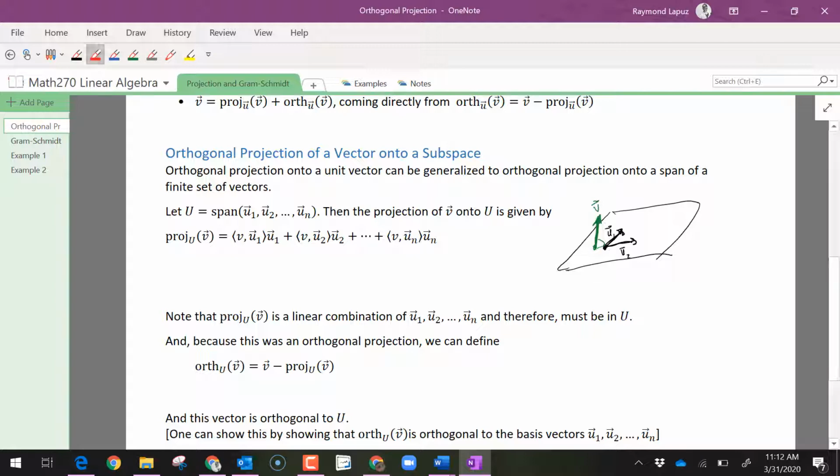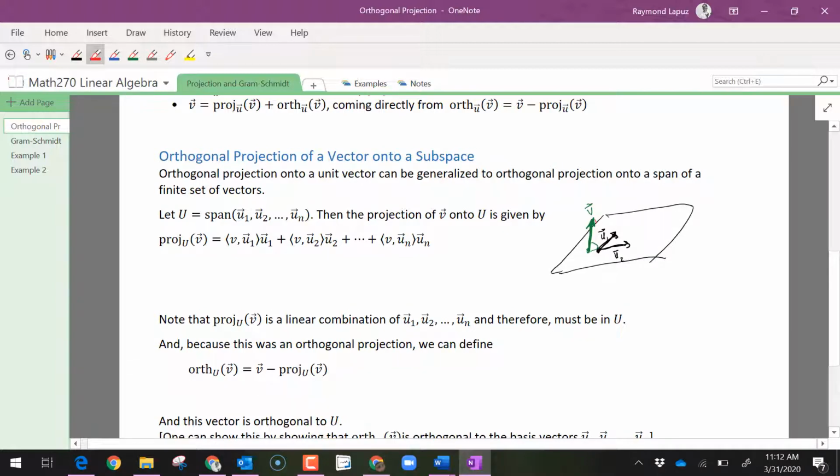What that turns out to be is that we drop a perpendicular onto the plane, and then we get this other vector that's on the plane. And that vector is called the projection of v onto the subspace U. This should just be a subspace, capital U.